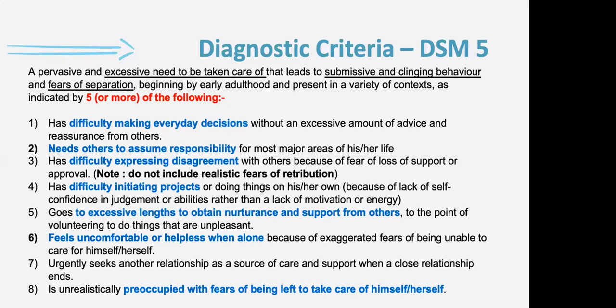Fourth, difficulty initiating projects on their own. Fifth, go to excessive lengths to obtain support from others. Sixth, feel uncomfortable or helpless when alone. Seventh, they seek another relationship as soon as a close relationship ends. And lastly, they are very preoccupied with fear of being left to take care of themselves.